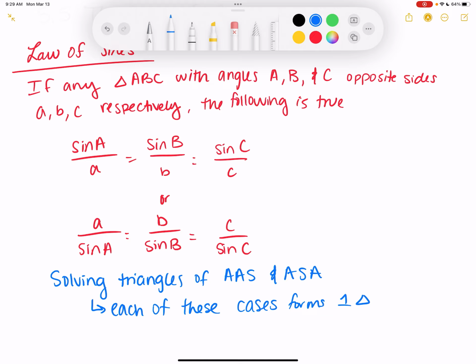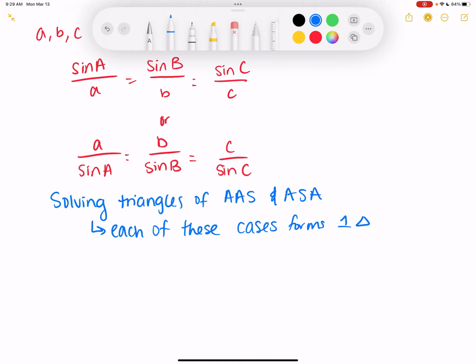But the one that Miss Marshall told you did not exist was side, side, angle. And that does actually exist. It can give you either no triangles, one triangle, or two triangles. And so I'm going to show you here in a second how we would solve to find those.